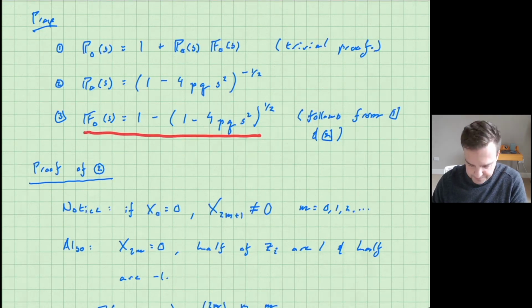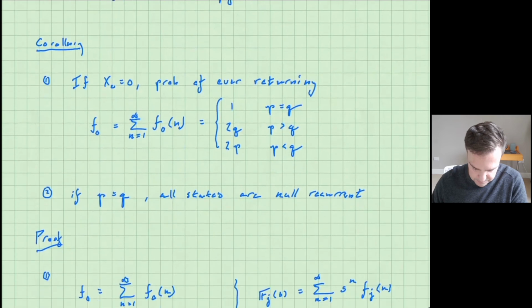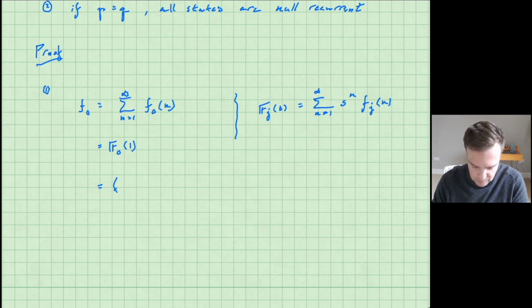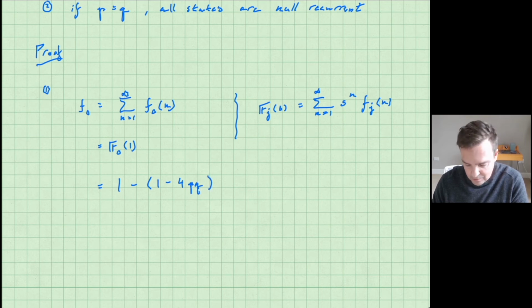Okay, so this is then, sorry, it's 1 minus the quantity 1 minus 4 times p times q, and s is 1, so it's gone, all to the 1/2. All right?